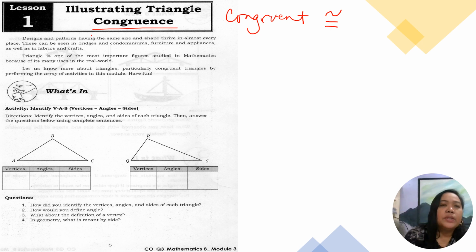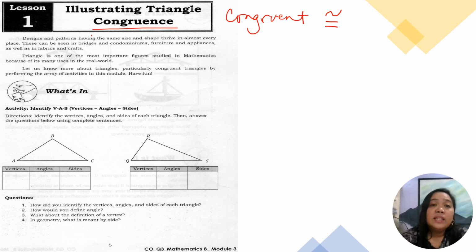Designs and patterns having the same size and shape thrive in almost every place. Take note that this can be seen in structures, bridges, condominiums, hotels, even churches, or any other infrastructures.